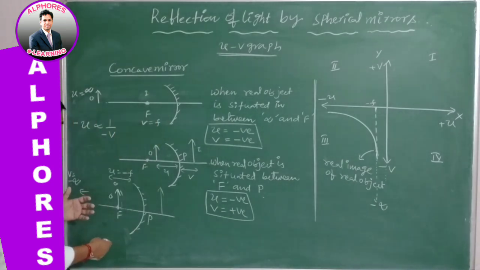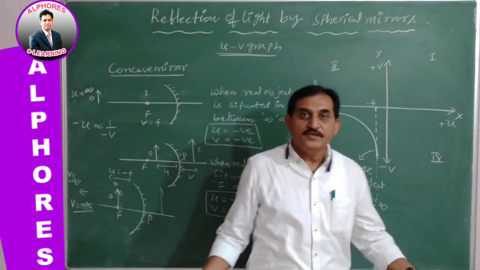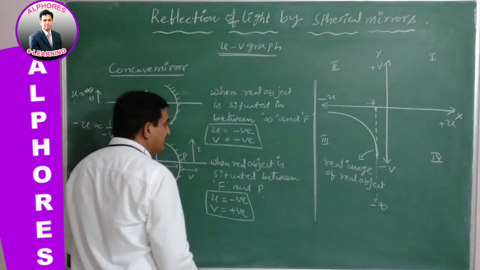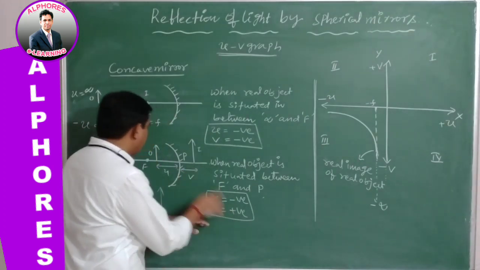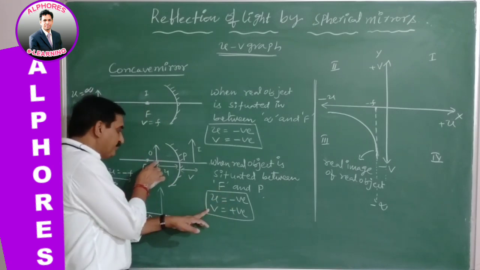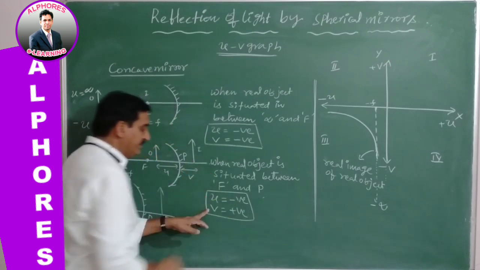Suddenly the convention changes. See, the image distance when the object is at the focus point is minus infinity, negative sign, because it is a real image. The real image is suddenly converted into a virtual image. If it is converted into a virtual image, then for a virtual image the image distance is positive, but the object is real, within the focus point, so it is taken to be negative.